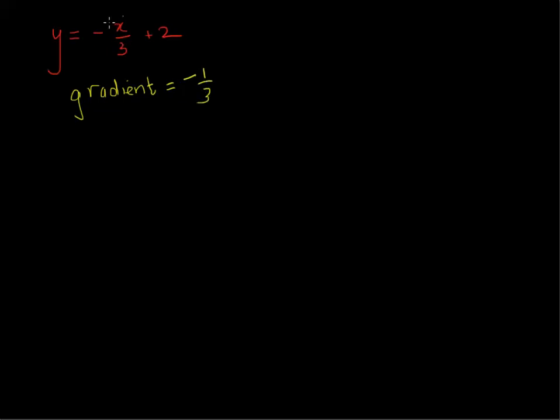There's no number in front of the x here, there's no coefficient, so it's just a 1. And our y-intercept is 2. So again, we construct our axes using a nice straight ruler.